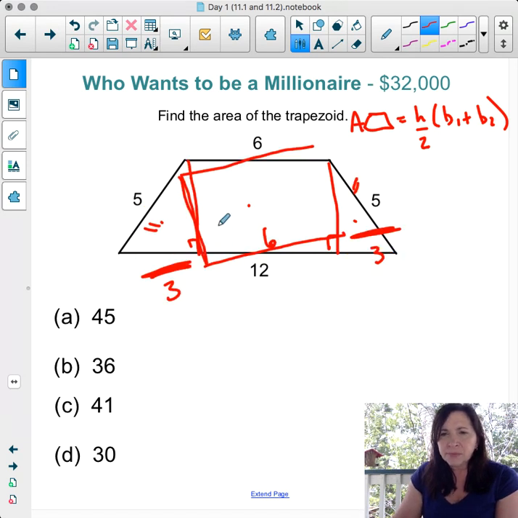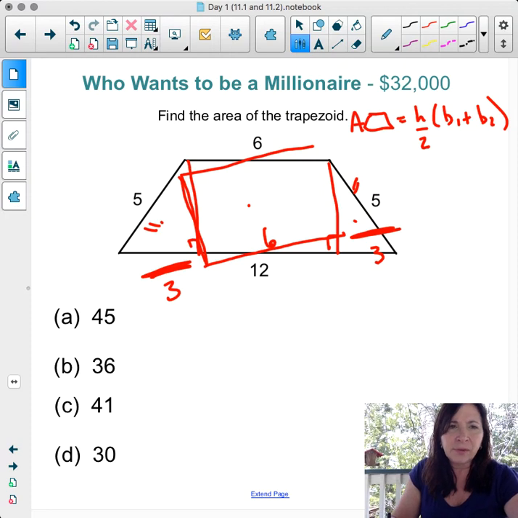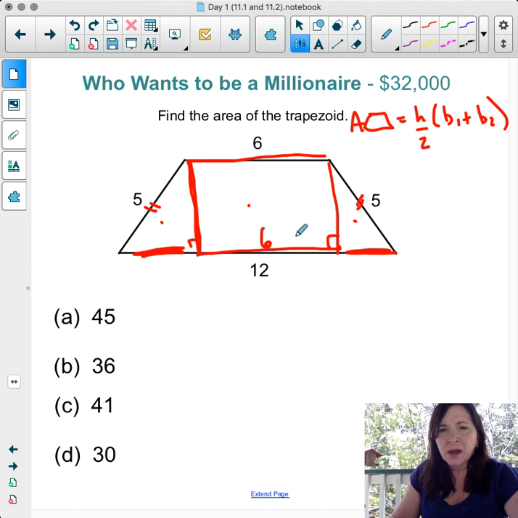Oops, let me see if I can fix that. There we go. So what we want to do is say this is 3 and this is 3 here, because if that's 6 and the whole length is 12, these are 3, which looks like this now is a triangle that's a 3, 4, 5 right triangle.